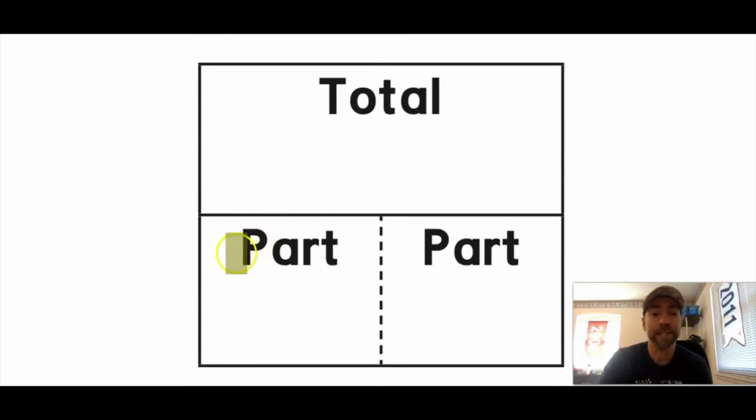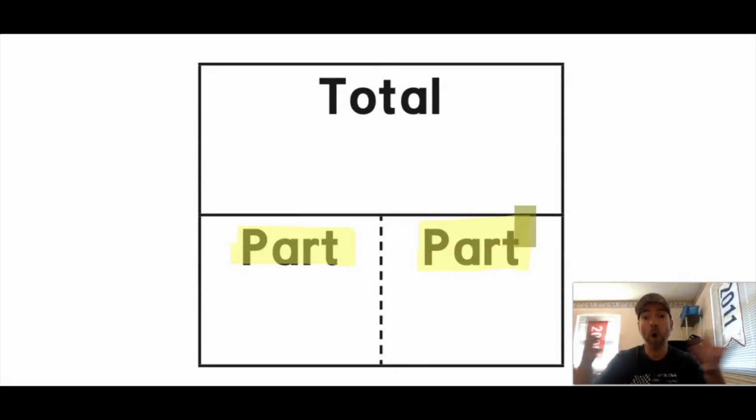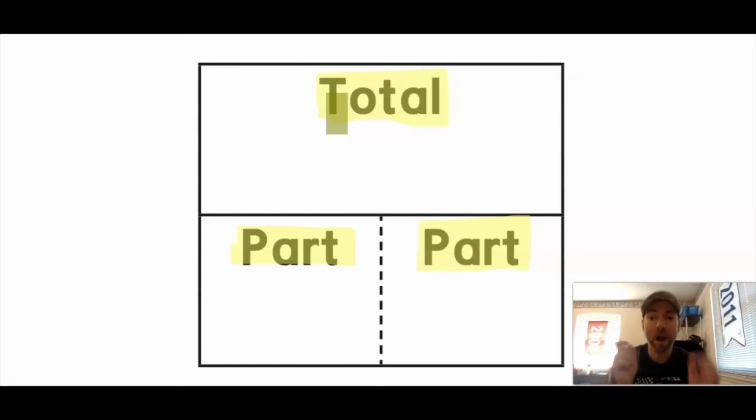One of those words is the part. And then the other word is also the word part. These parts, when we put them all together, give us a total. This is the in all space. So today we're going to be looking at some number stories that's going to require us to put in some parts and find the total.